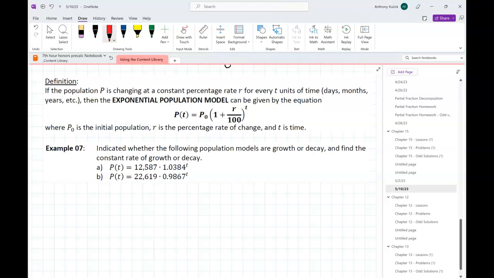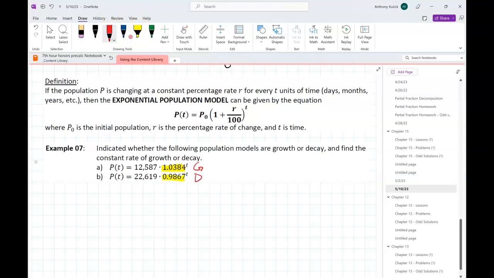So if I look at this first one, 12,587 times 1.0384 to the t, is that growth or decay? Growth. How do you know? Yeah, good. So that's bigger than 1, so that one's growth. And then likewise, this one would be decay, right?